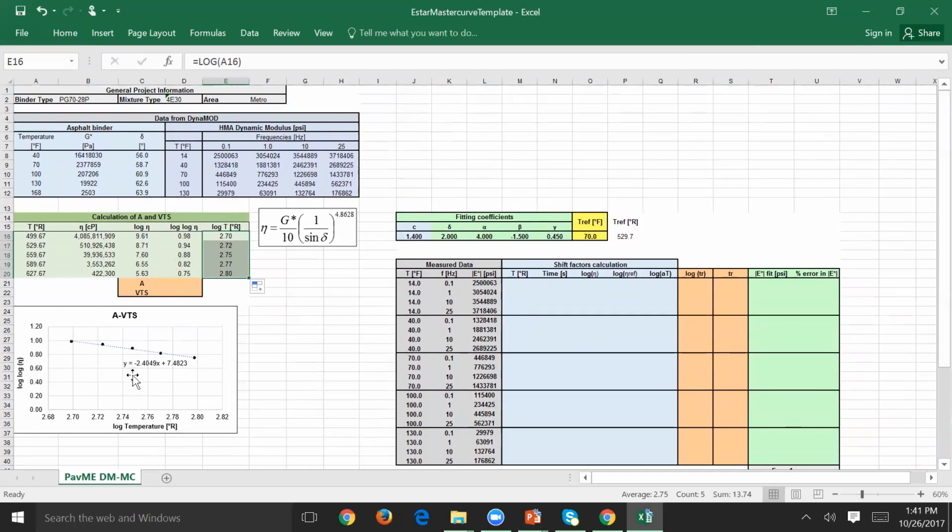You can see automatically this graph should show up, so you can see log n to the temperature. So then you have the best fit line. When you draw the best fit line, you would see A is 2.4 and VTS is 7.4823.